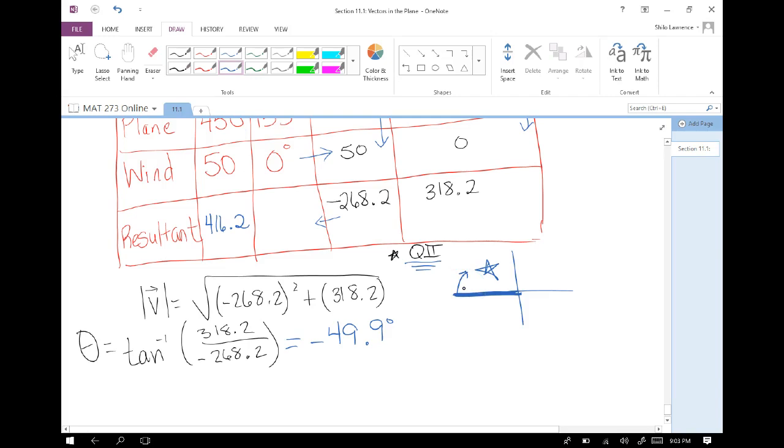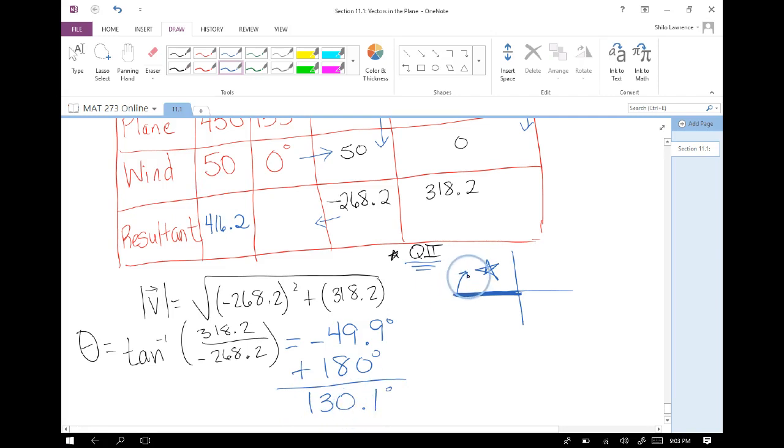So there's two ways that we can write this. In order to change this angle to the actual angle we want, we would have to add 180. Anytime you're in quadrant 2 or quadrant 3, you can take that answer from the calculator and add 180. And when I do that, I get 130.1 degrees. So that would be our answer as a standard position angle.